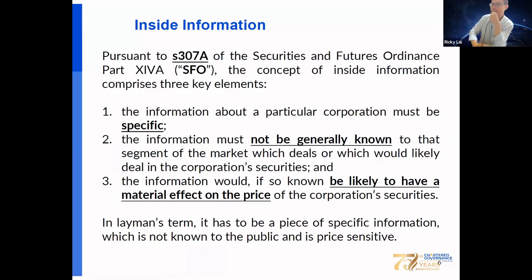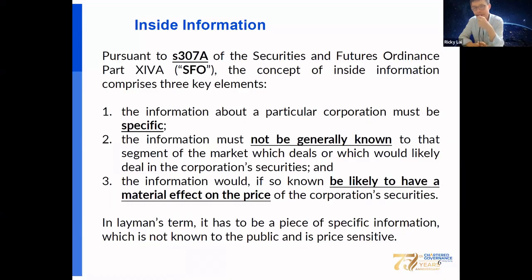Before we look at any inside information disclosure requirements, what is inside information? Here is the definition under the SFO. According to Section 307A of the SFO, inside information consists of 3 key elements. First, the information must be specific; we will take a look at that later.